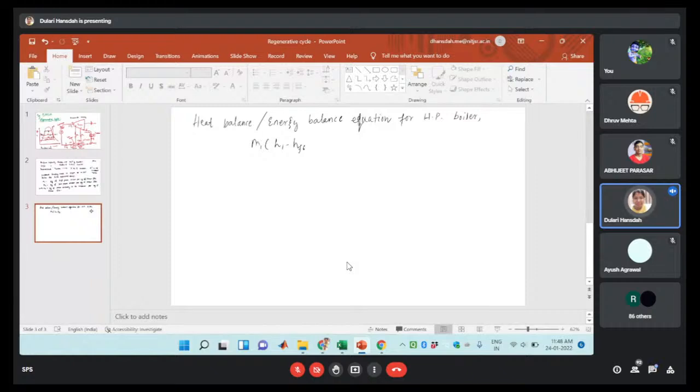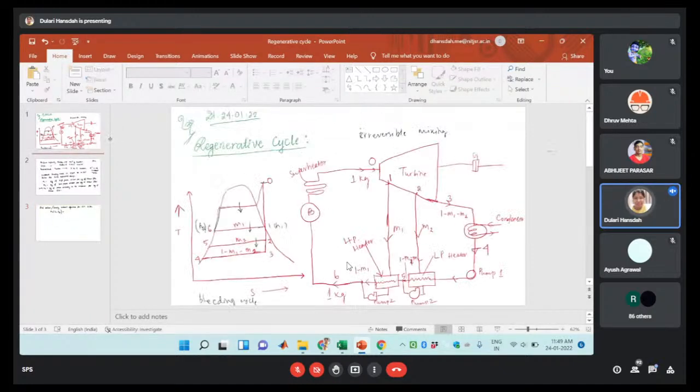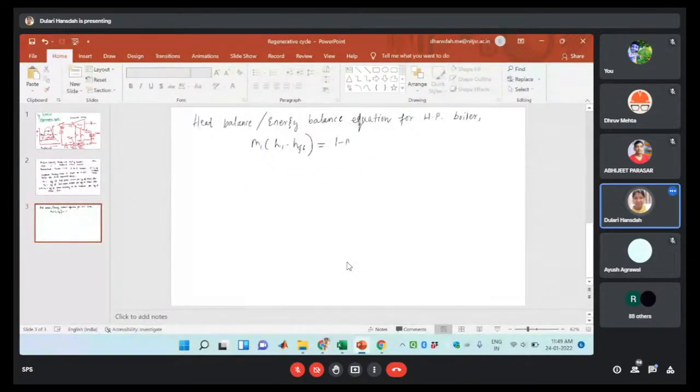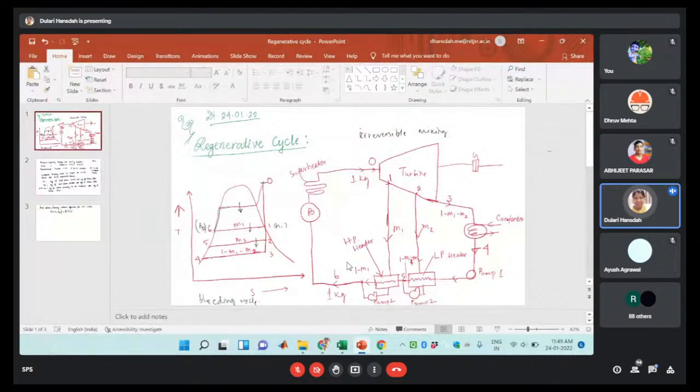On the other side, it is input to the heat exchanger or heater, so that will be 1 minus M1, and the condition entering the heater will be HF6.